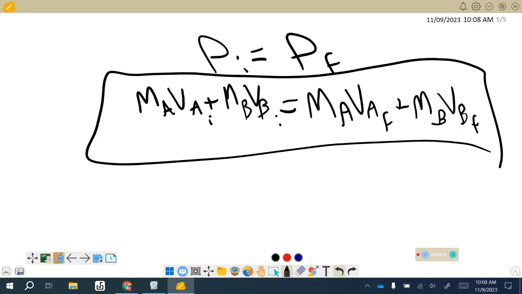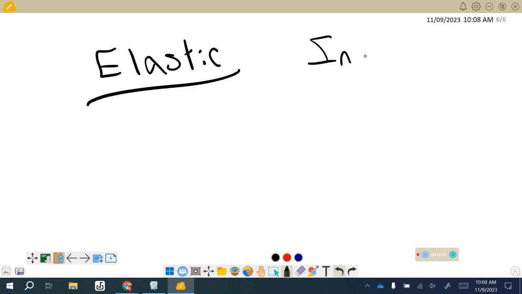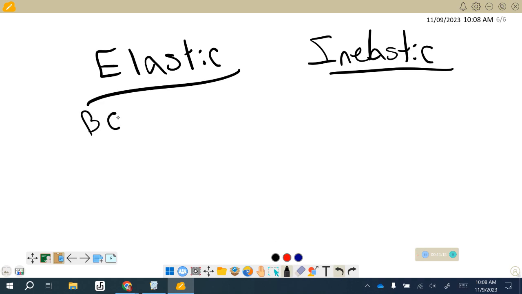All right. Speaking of collisions, there are two types of collisions we deal with in this class. We deal with elastic collisions. Oops, spelled that wrong. Elastic collisions and inelastic collisions. Okay? Now, in elastic collisions, the objects bounce off each other.